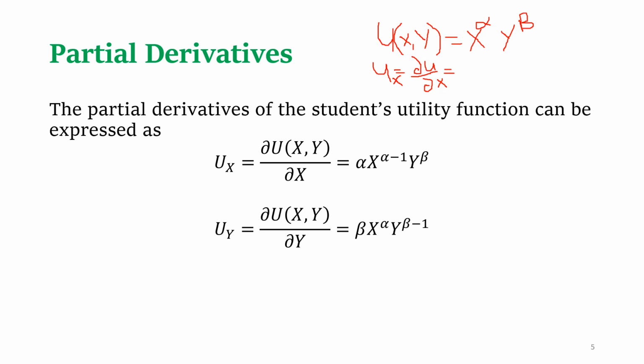Now you take the power or the exponent of x. You are differentiating with respect to x, right? And you are only doing that for x, not for y. You understand? You are holding y constant. So the exponent of x here is alpha.